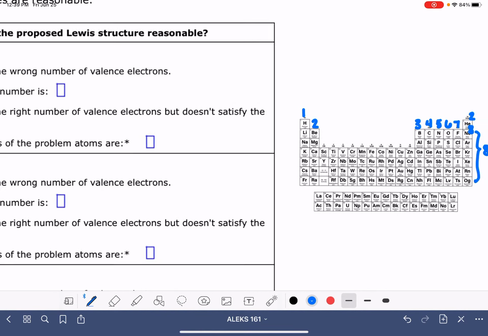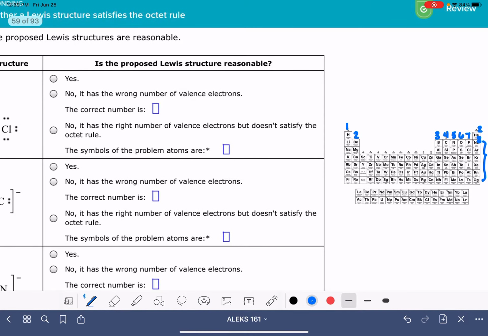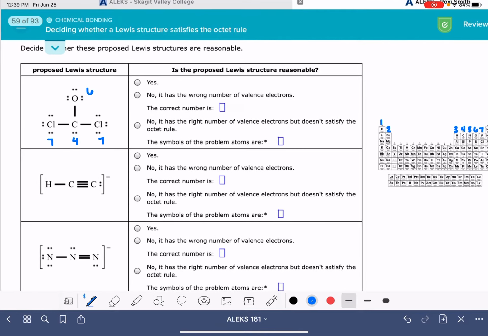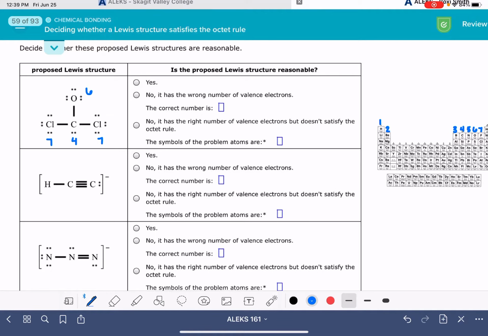So for this first molecule that we're looking at, it is 2 chlorine atoms. Chlorines each have 7 valence electrons. It has a carbon atom, which has 4, and it has an oxygen atom, which has 6. And so that would mean that this particular molecule, if it is drawn correctly, should have 7 plus 4 plus 7 plus 6 valence electrons, which is a total of 24.